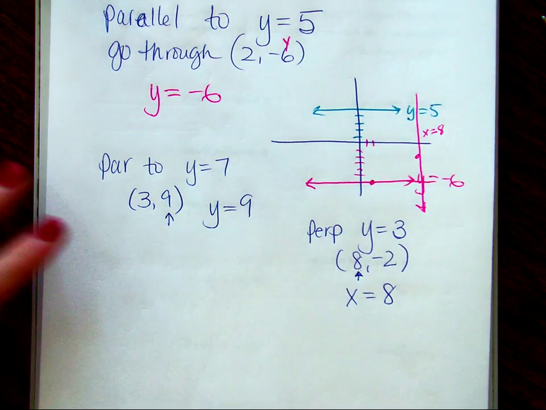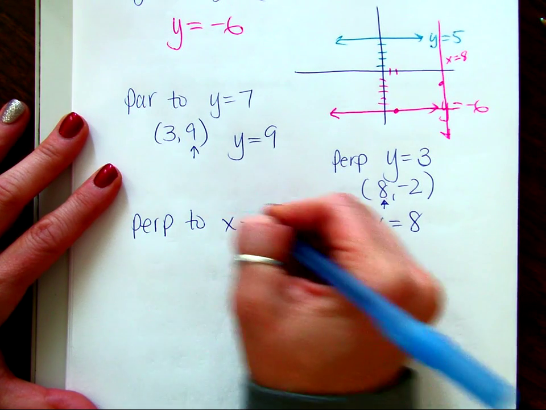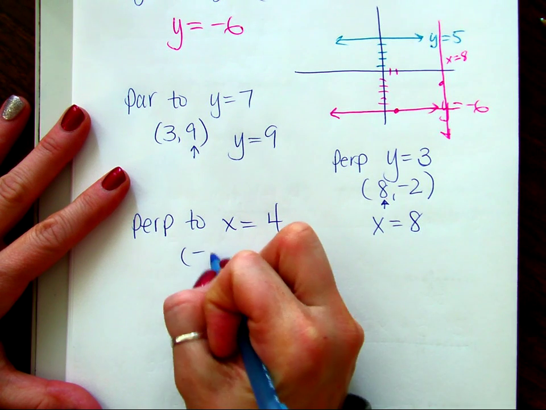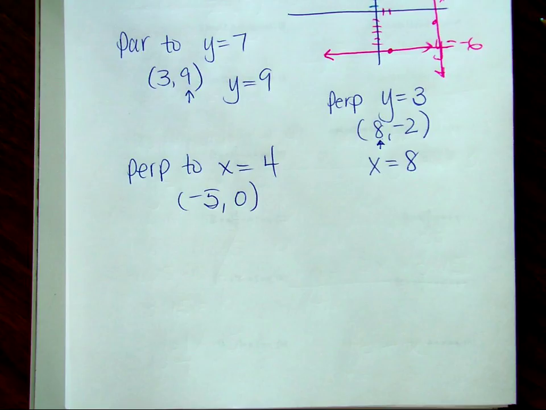So if I say perpendicular to x equals 4, and I need it to go through the point (negative 5, 0). I need it to be right there on that x-axis, but perpendicular. So what would this equation be? Y equals 0.